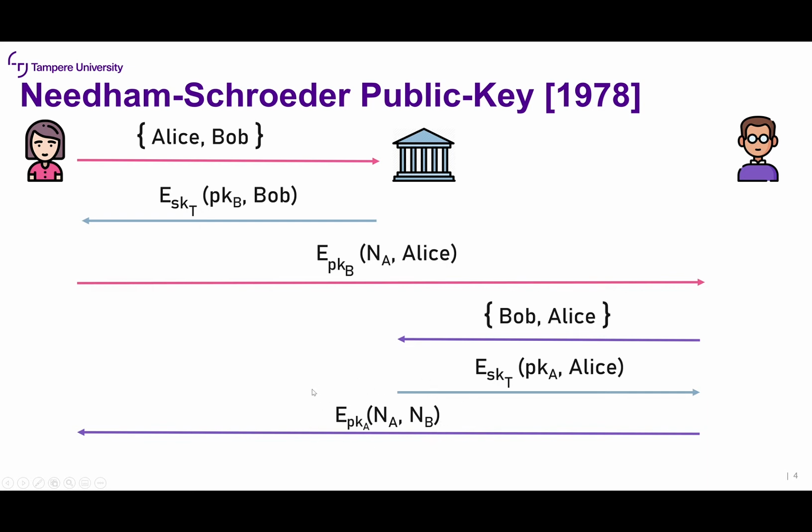Which means that Alice has access to SK of A, right? So Bob can be sure that he has established a connection with Alice and not someone else.